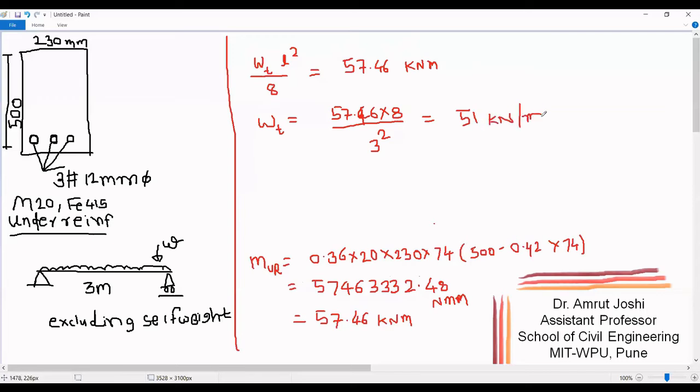Look at the unit. Unit of UDL is going to be unit of force divided by unit of length. As we have chosen the moment to be substituted in kilonewton meter, length to be substituted in meter, we are going to get this total UDL that this beam can support, including self weight, to be equal to 51 kilonewton per meter. Now let us work out what is the UDL due to self weight.